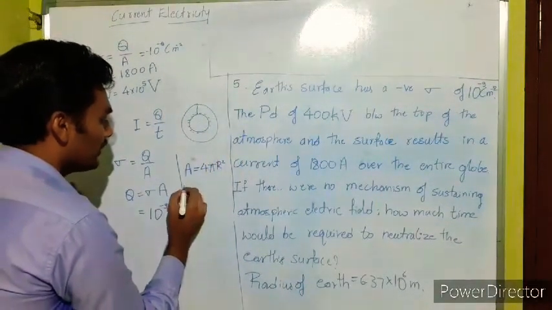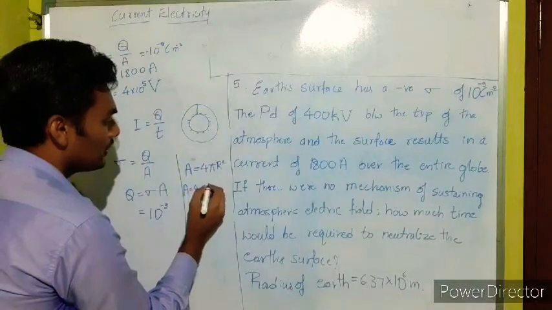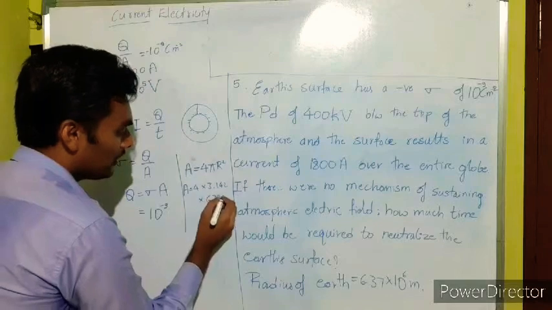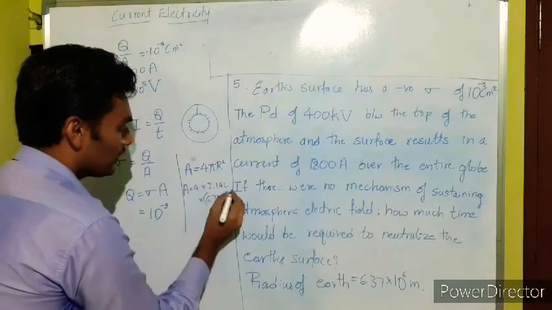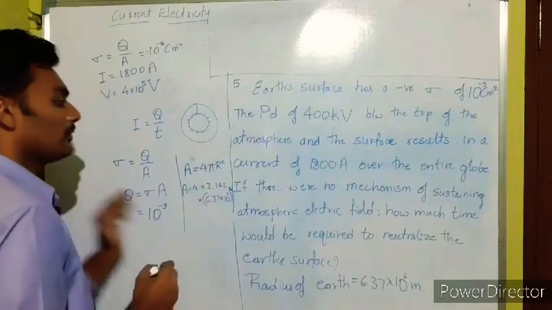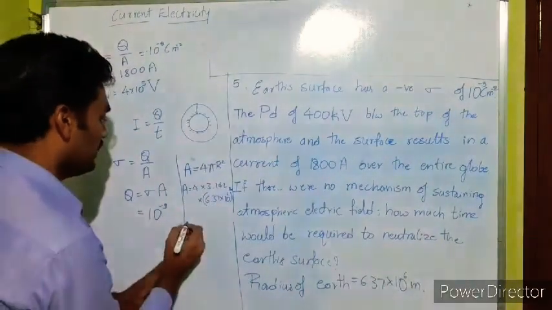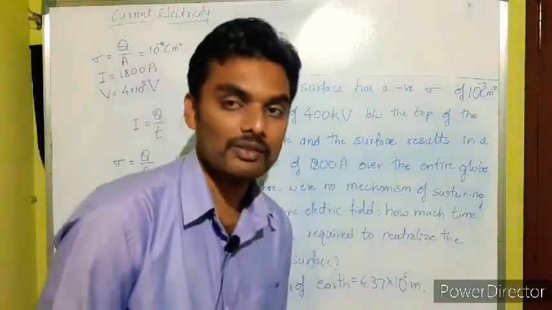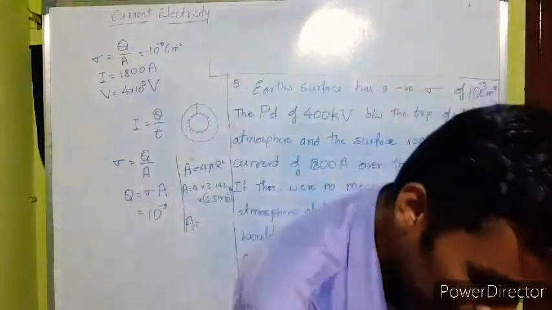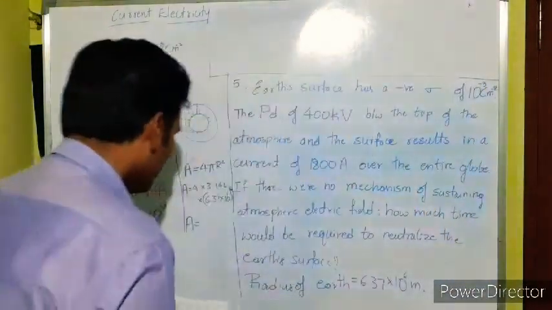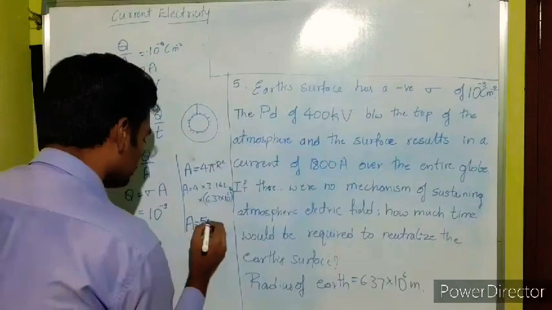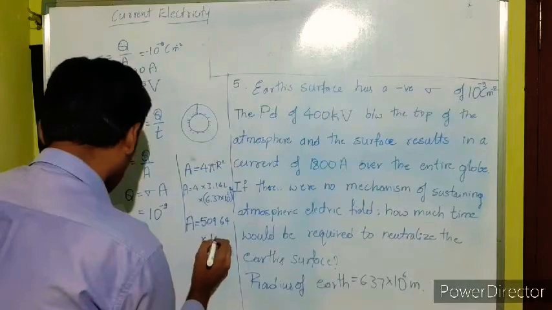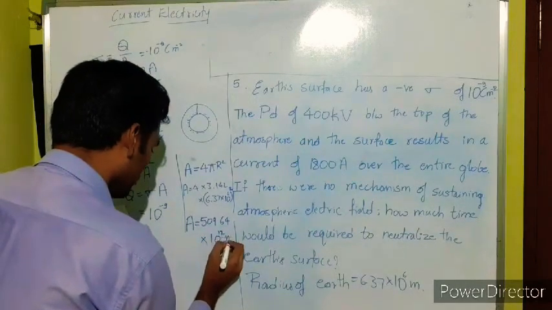Simplifying, A is equal to 4 into 3.142 into 6.37 into 10 to the power of 6, whole squared. Square this first, then multiply, and hence you will have the surface area of the entire earth, given by 509.64 into 10 to the power of 12 meters squared.